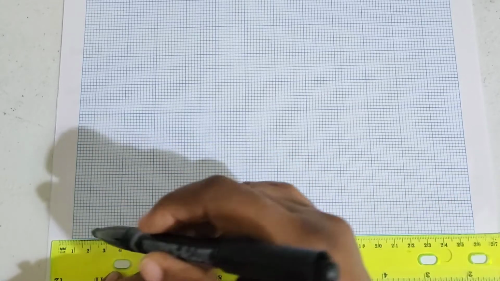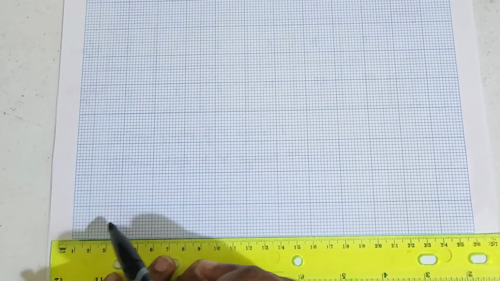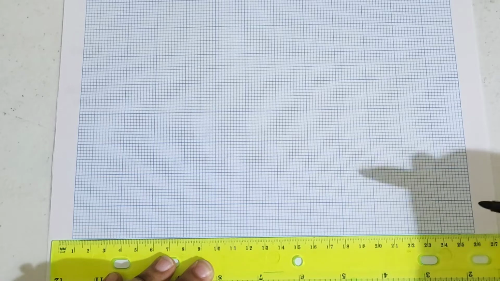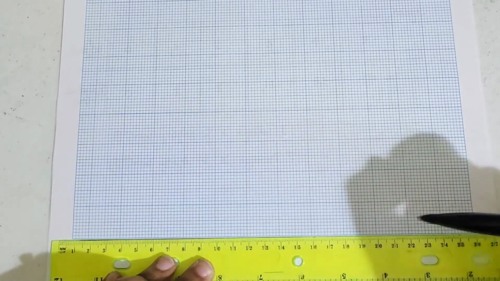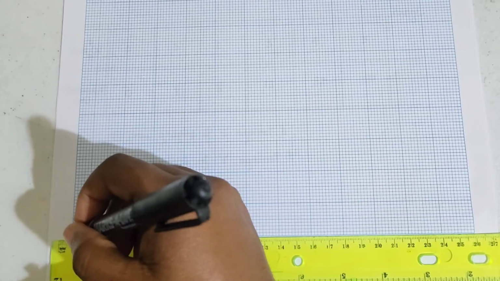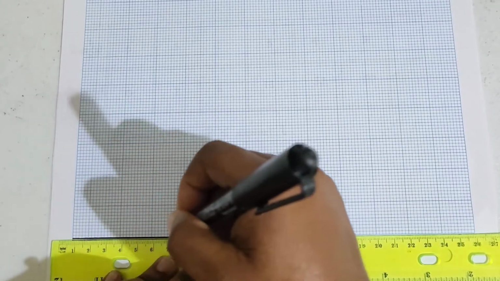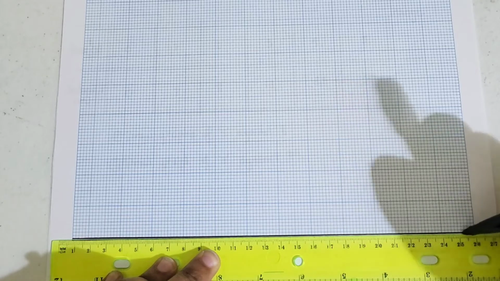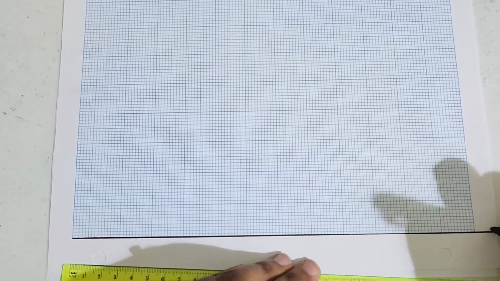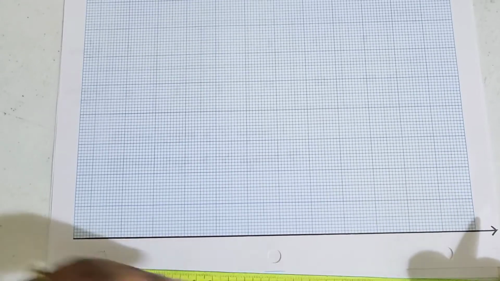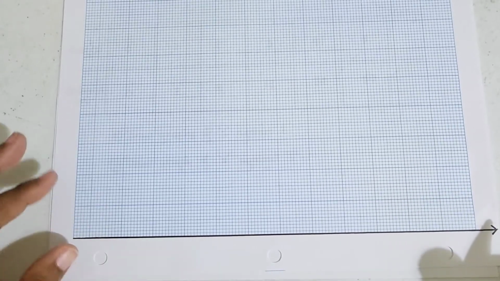And you want to draw it along the line. You could draw it along any blue line, but it's best to have proper spacing. So I'm going to draw it on the margin here. And I just put on a little extra piece so I can draw my arrow. Okay, so that's our X-axis.